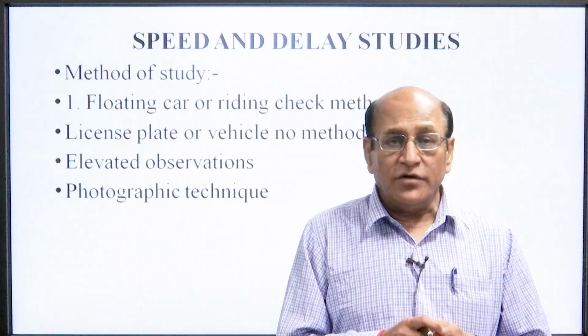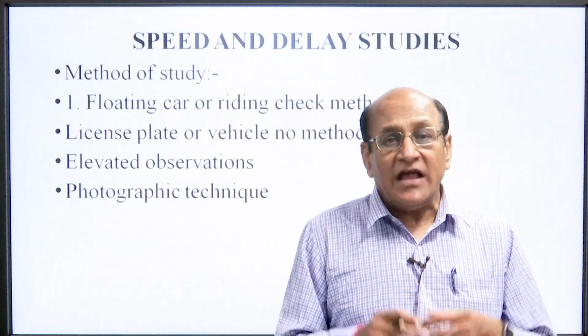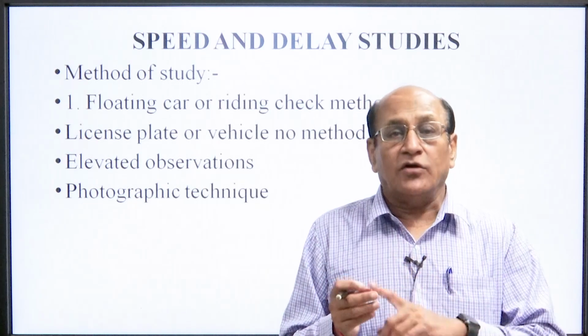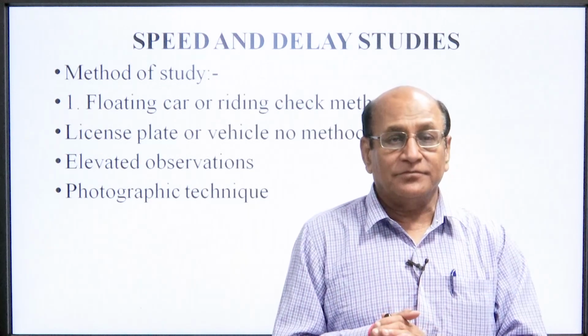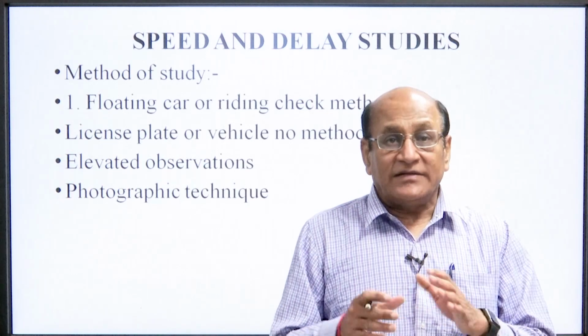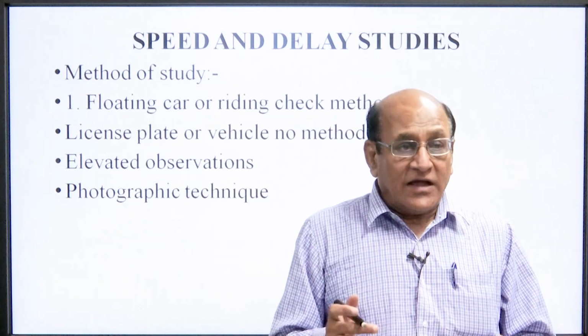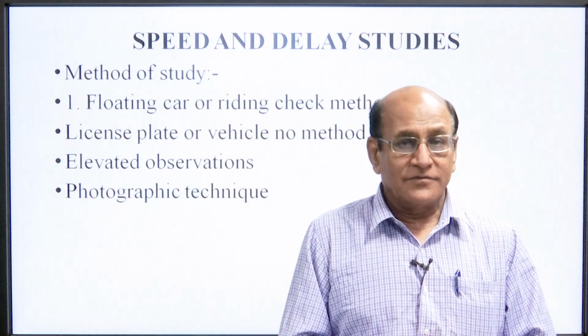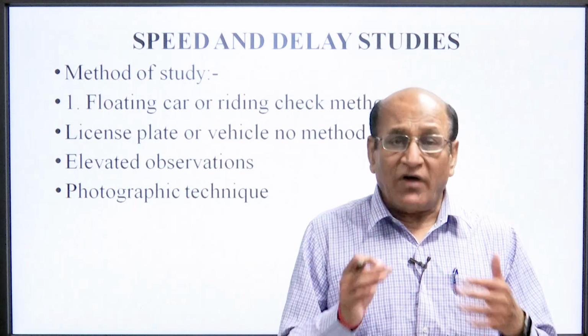The total distance is known. So, we can calculate the average speed of the vehicle between Lucknow and Ayodhya. The second thing, if there is no problem, then what will we do?